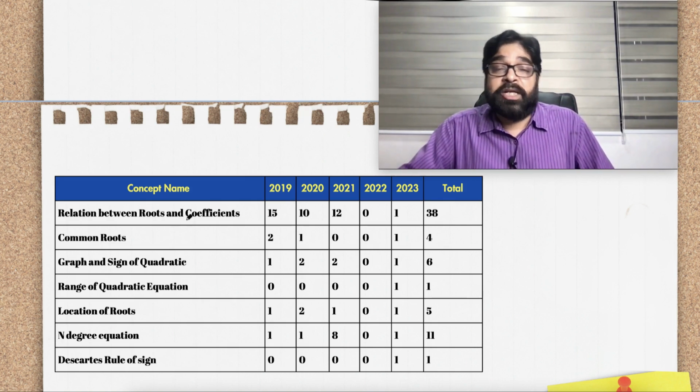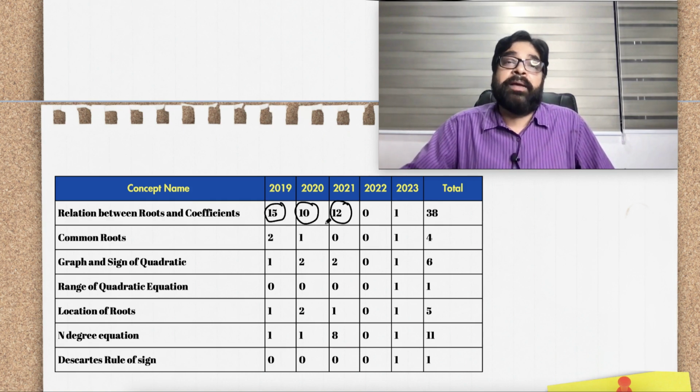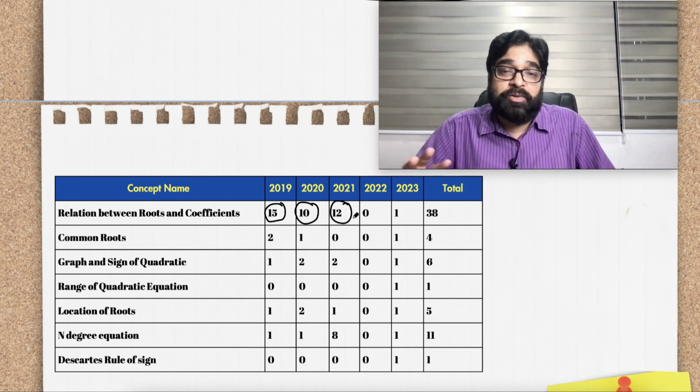Relation between the roots and coefficients: 2009 15 questions, 2020 10 questions, 2021 12 questions. The problem is that in these years nearly 8 sessions of the exam were there, nearly 8, 16. In 2021 I think 16 papers were there, approximately. That is why the number of questions looks this high, but you can get the idea.